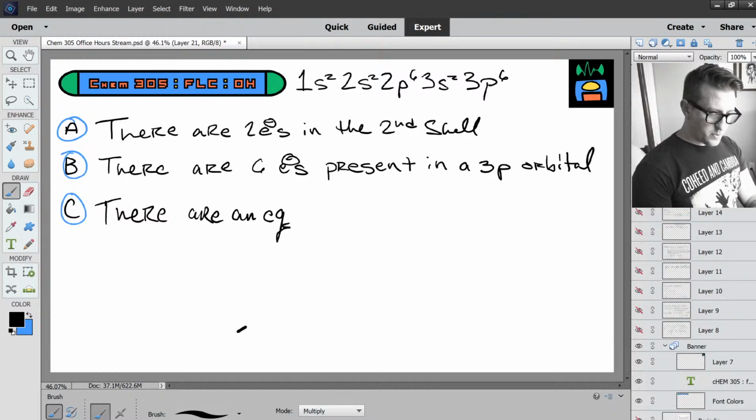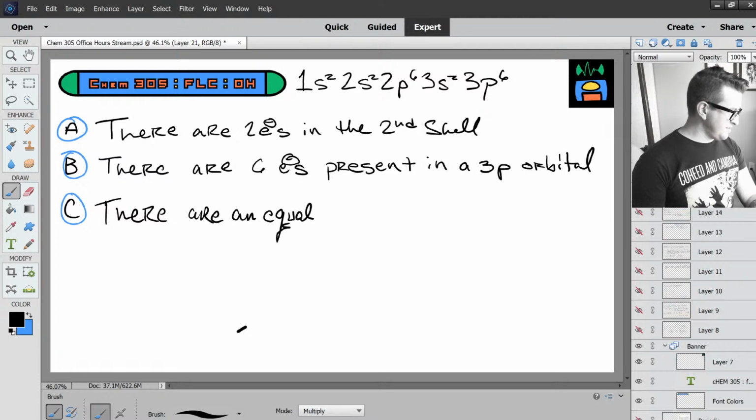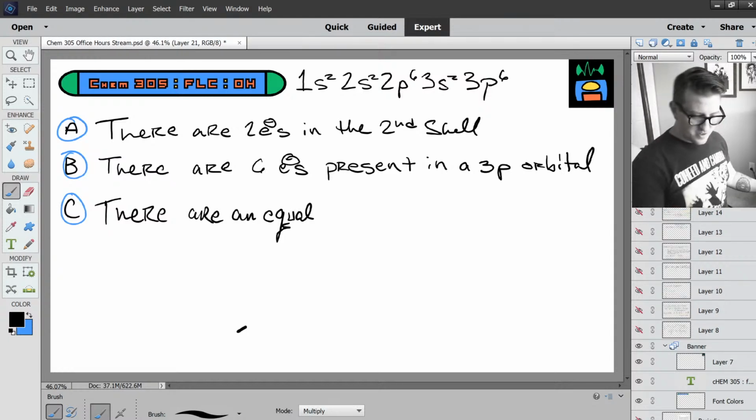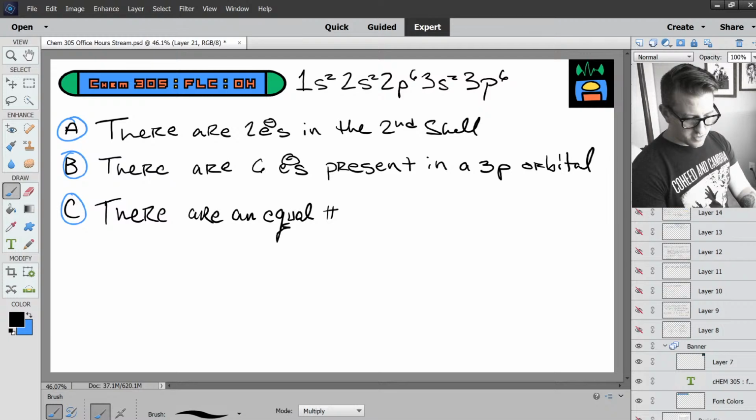There are an equal... Yep, exactly. Carenza, that's exactly it. As you can ask for help, I can help you through it. It'll all be good. They're an equal number of electrons.